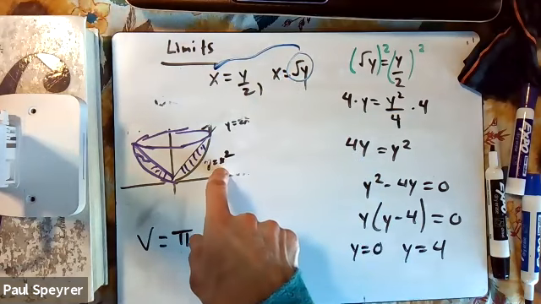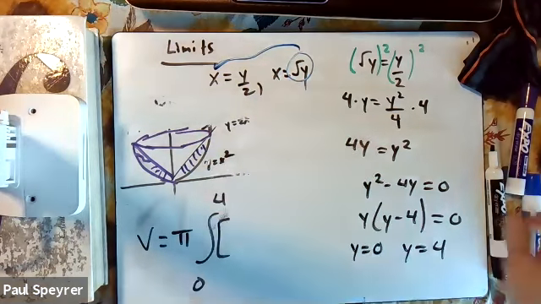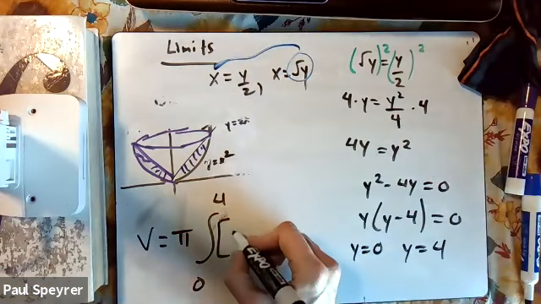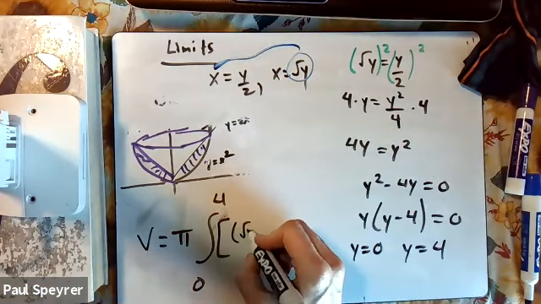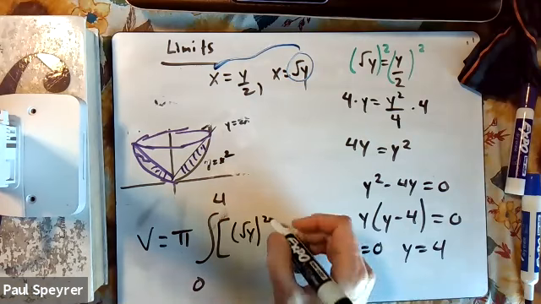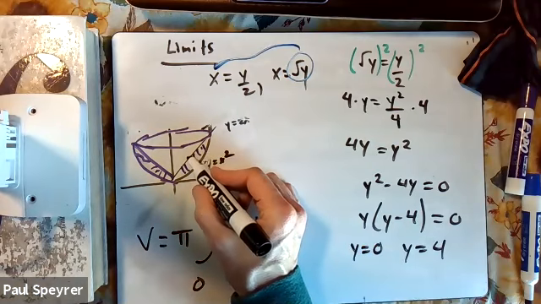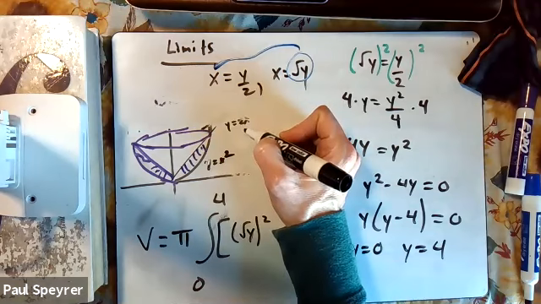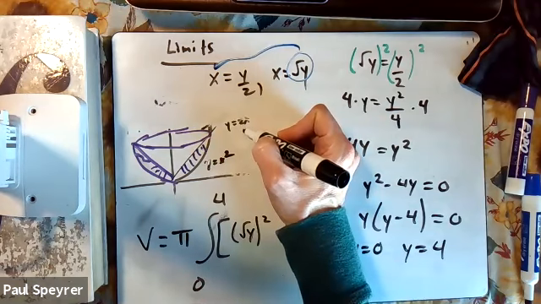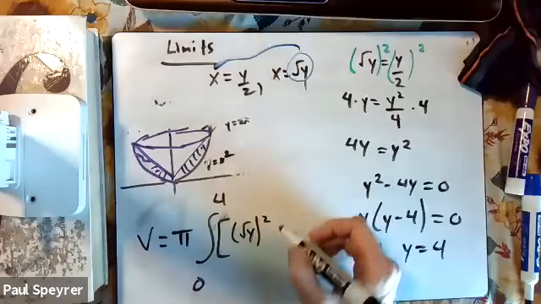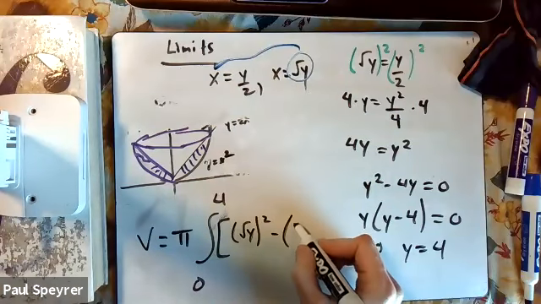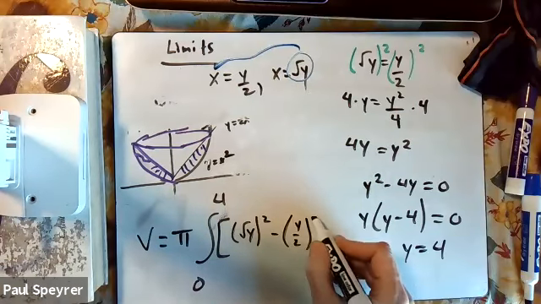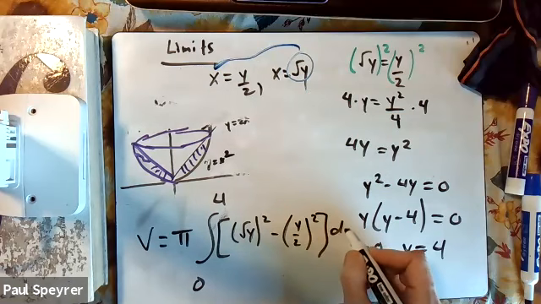Because we took y equals x squared, remember, and we solved it for x. So it's going to be square root of y, squared. That's the rightmost curve minus the inner. That was a straight line, but we're not going to use 2x because, again, this equation was not in terms of y. If you solve it for x, you got y over 2. So we have y over 2 squared and then dy.